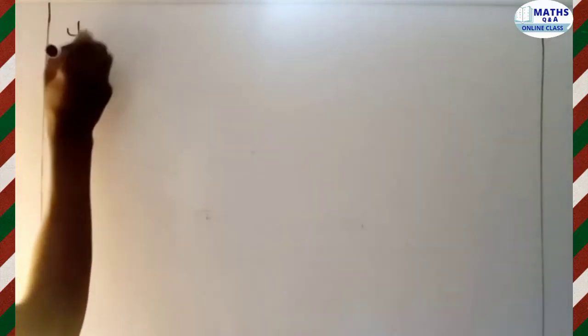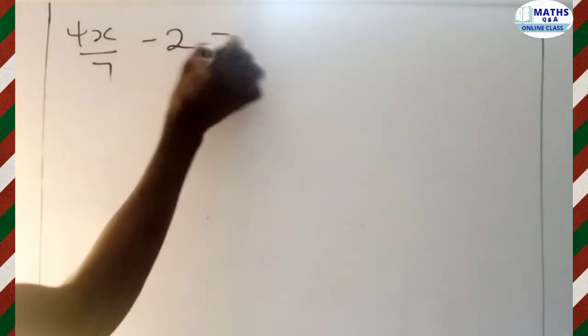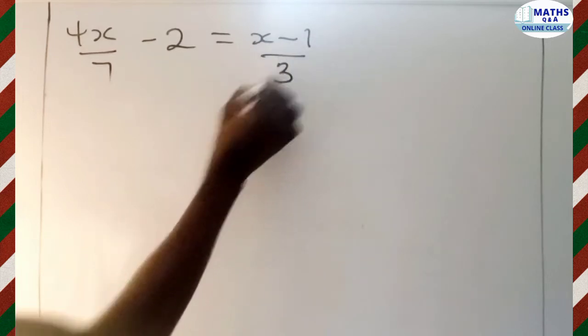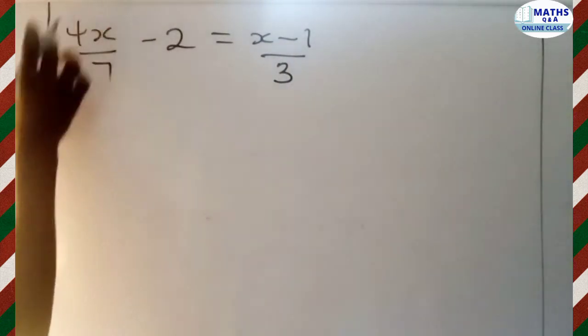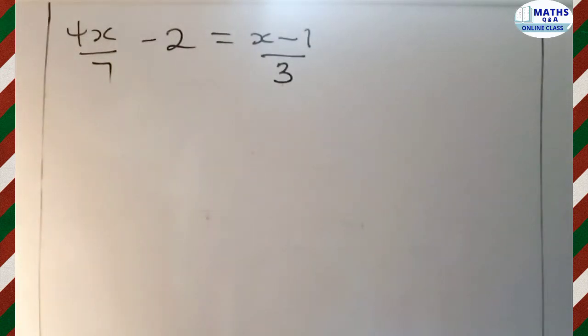So we are given 4x divided by 7 minus 2, and that is equal to what? x minus 1 all divided by 3. So you've got to know that we have a fraction here and a fraction here, and these are the denominators given to us in the fractions. So what we're going to do is find the LCM of these denominators.